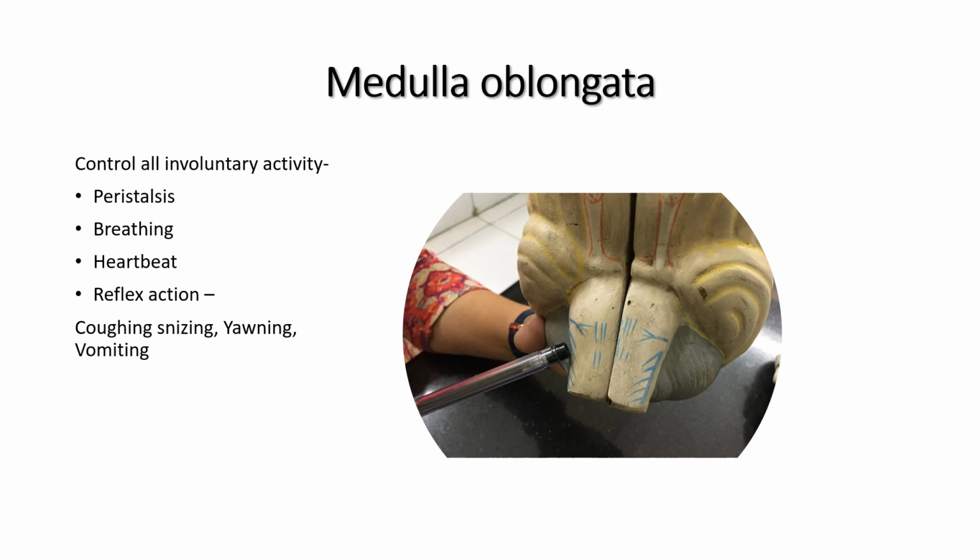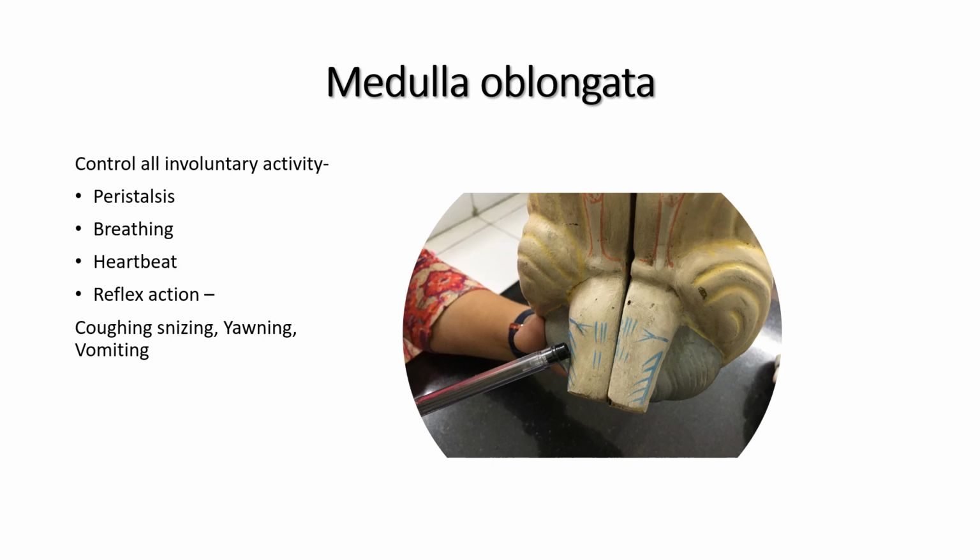It is a very important region of the brain as it controls all involuntary activities, which include peristalsis, useful in the process of digestion, breathing, heartbeat, as well as reflex actions.